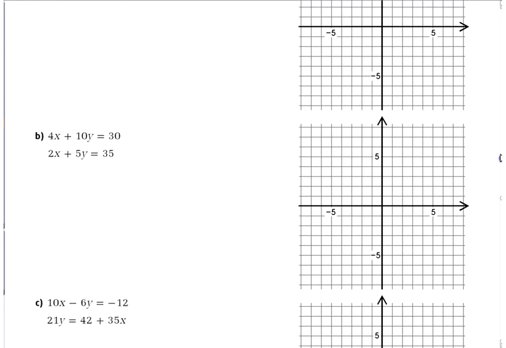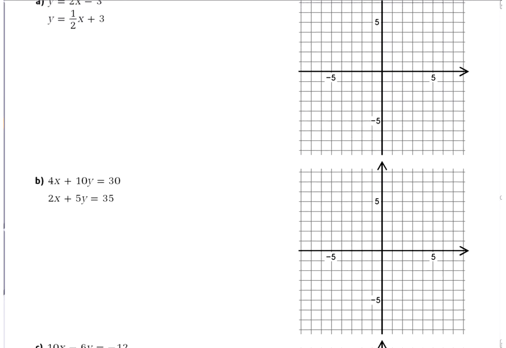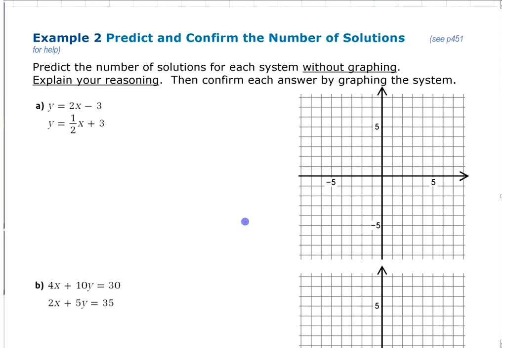Once you're done with that, there's some examples in here. These are the examples that are in the textbook. The goal here is to do this without graphing. I know that you could graph it and look, oh, they're intersecting, or oh, they're parallel, or oh, they're whatever. The idea is that you have to use your head and say, can I tell from the equations whether they're going to be intersecting, coincident, or parallel, and how many solutions?